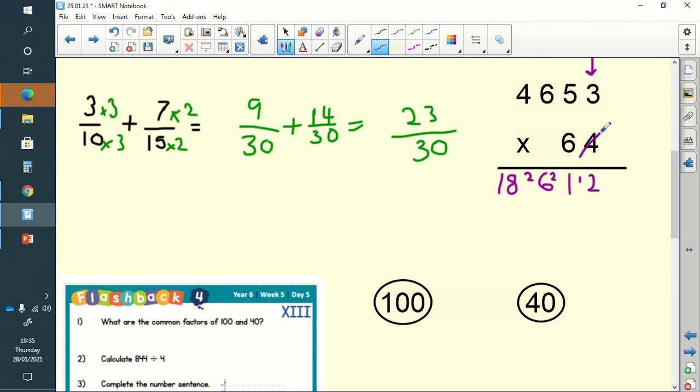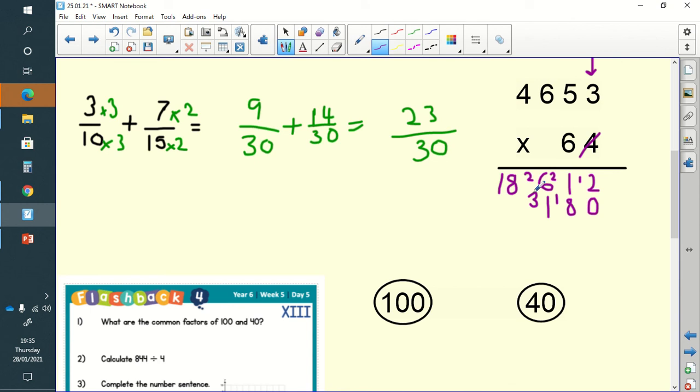So I've multiplied everything by the 4. I'm going to put my placeholder in to represent that this is 60. And now I'm doing 6 times 3, which is, well remembered everybody, 18. 5 times 6, which is, add the one you carried, 31, well done. 6 times 6 is 36.